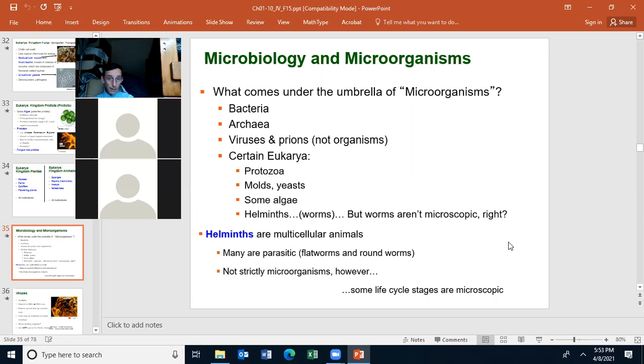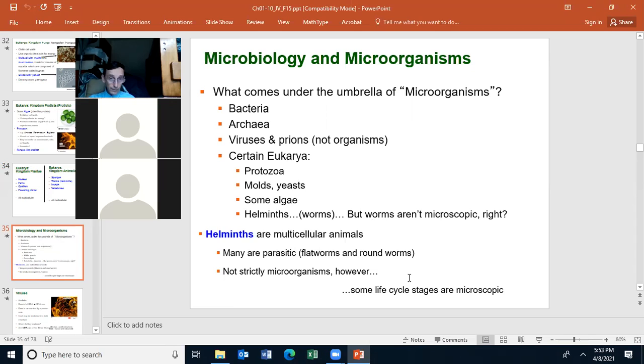The parasitic flatworms and the parasitic roundworms cause disease in humans. And generally, something that causes disease in humans is something that a microbiologist studies. So microbiologists have included the helminths in the term microorganism.